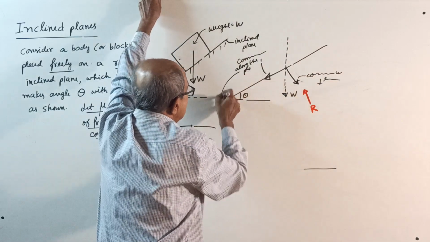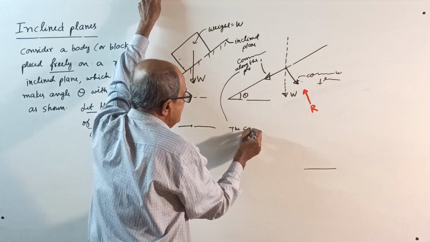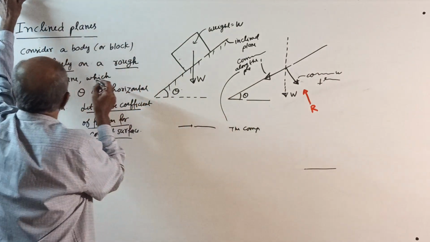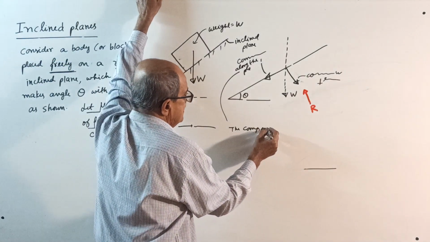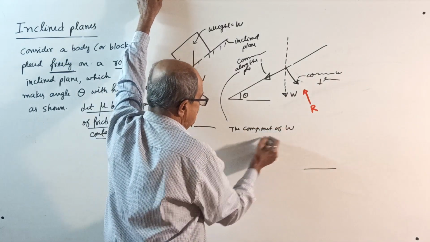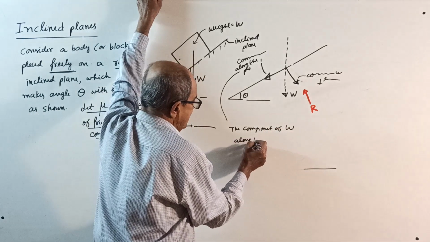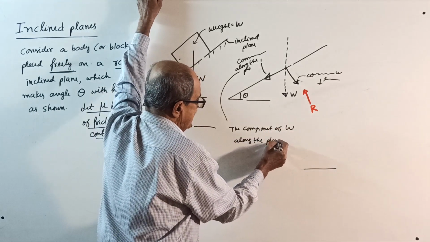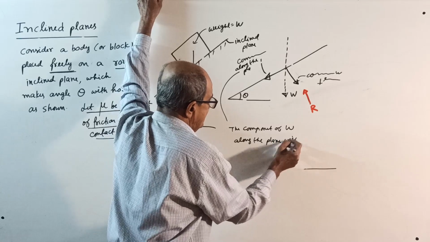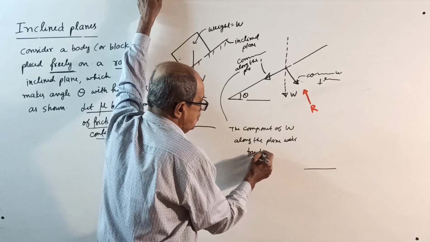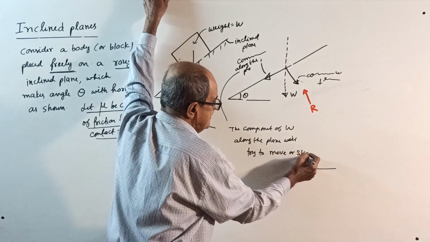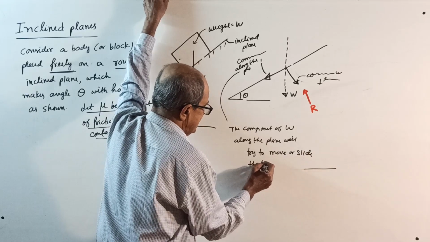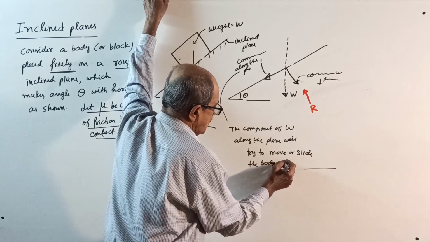So, the component, I am telling, it is freely placed, very important. The component of W along the plane will try to move or slide the body down the plane.